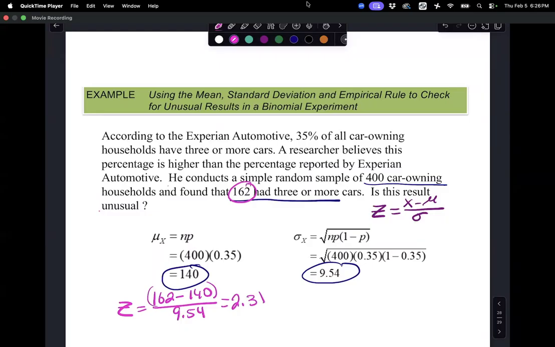I'm going to do it the other way. Let's do green. So I'm going to do 140 plus 2 times 9.54. Now I'm going to put that in my calculator.